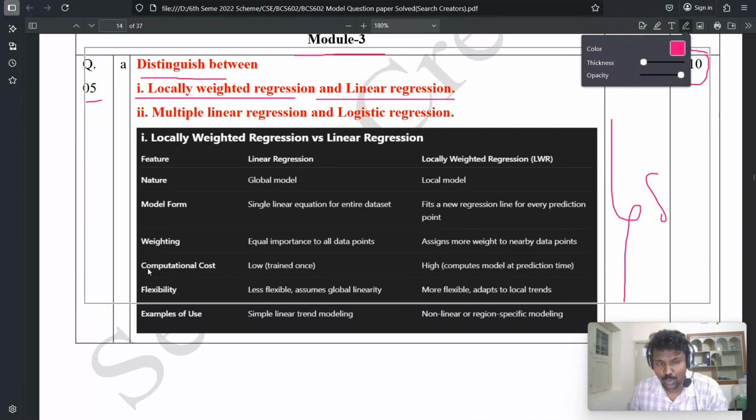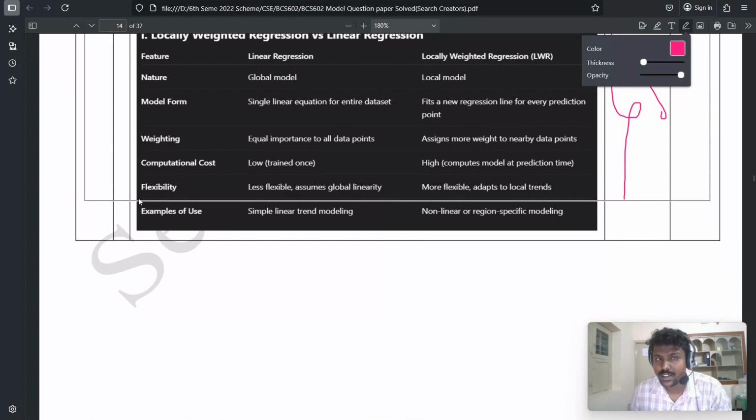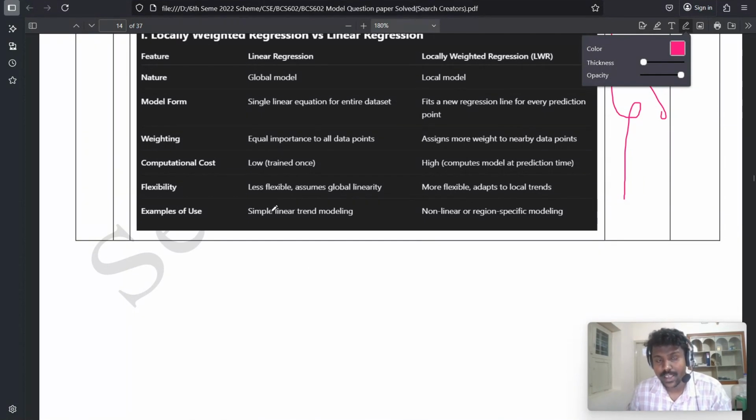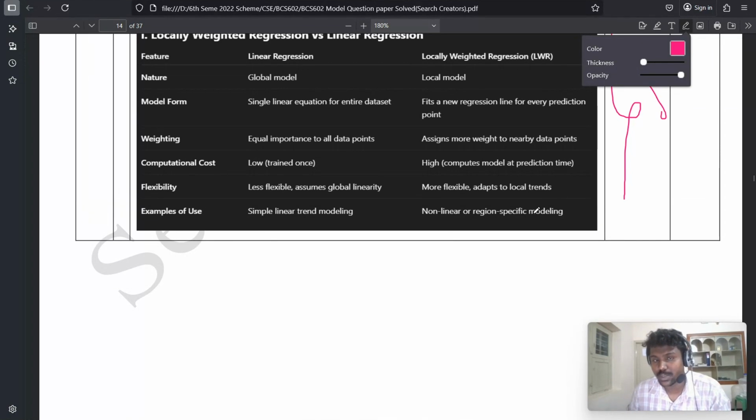The fourth point is computational cost: it is very low for linear regression, while locally weighted regression has high cost because it computes the model at prediction time. The fifth is flexibility: linear regression is less flexible and assumes global linearity, while locally weighted regression is more flexible and adapts to local trends. So this is the point you can write.